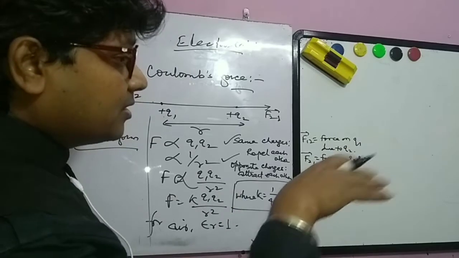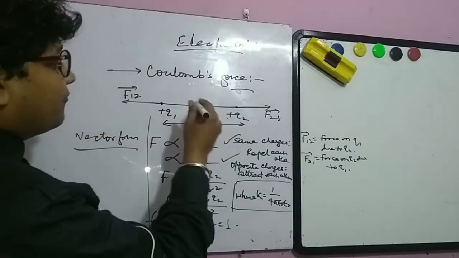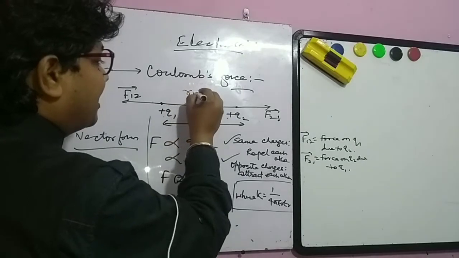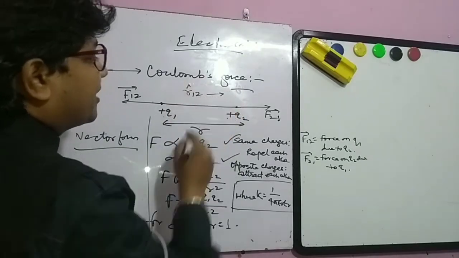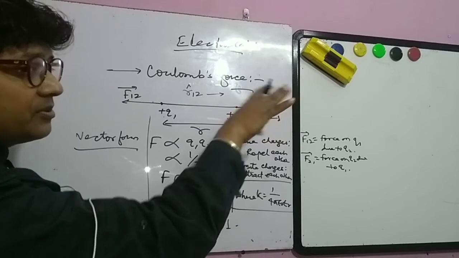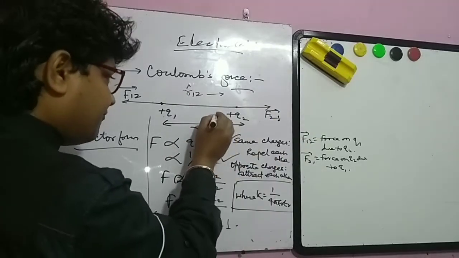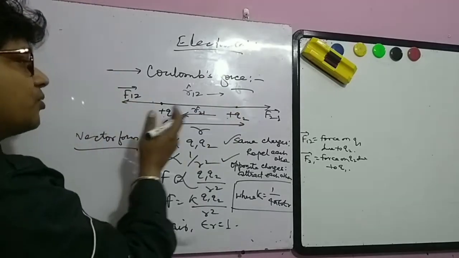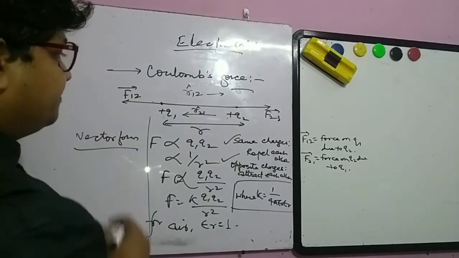It is drawn in the same direction. So if we are taking this q1 q2 as r12, this will be directed from left to right, and if we are taking r21 unit vector, it is towards right to left.